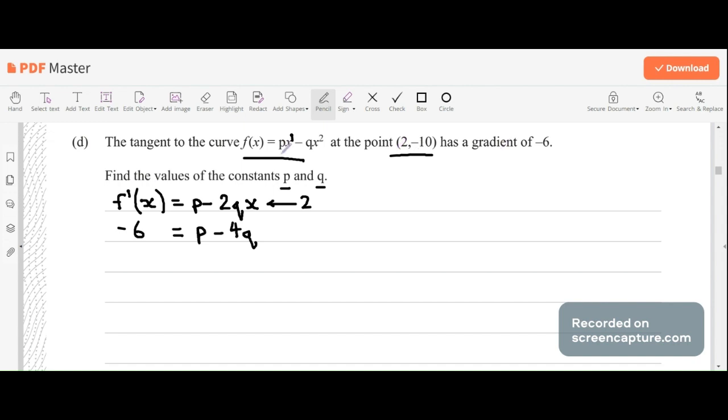Now, we know that the f of x equation has the coordinates 2, -10 in it. So we should be able to use that to create another equation. Yes, this is how we do it. So -10 equals 2p, so I'm just substituting these coordinates into that equation there. 2p minus 4q.